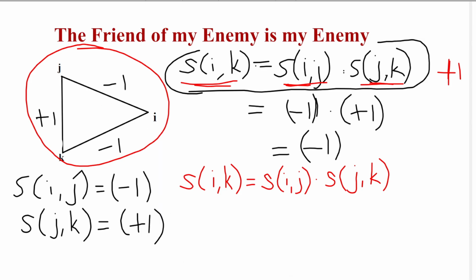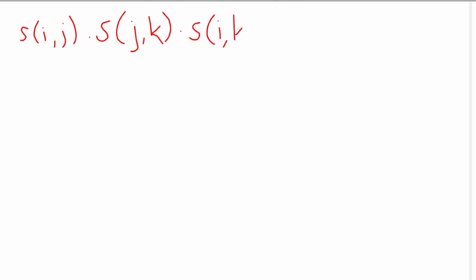So maybe we could describe that in an equation and say that the sign of IJ multiplied by the sign of JK multiplied by the sign of IK, which is what we were trying to figure out, should yield a positive result to show that it is balanced.